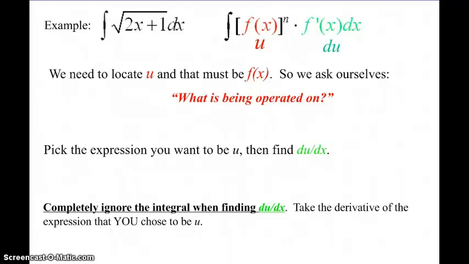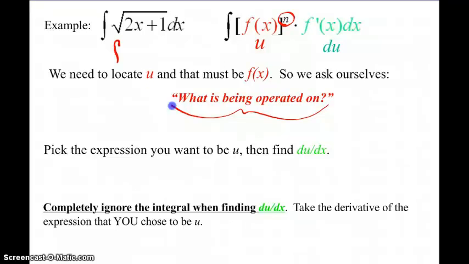Here's a good question to ask ourselves when we're trying to find what should be u: what is being operated on? Since we know that f of x most usually is going to be raised to a power of n, whatever function is being operated on is usually, not always, but usually a good choice for u.